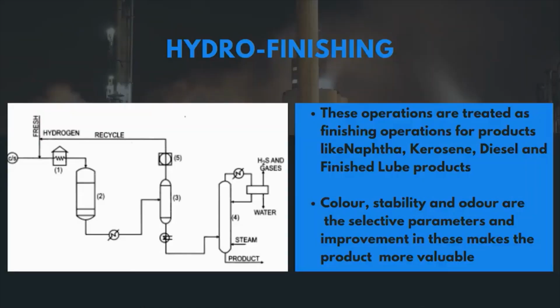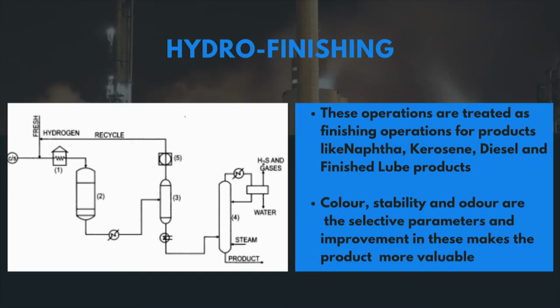Then yet another set of units in a refinery are the hydro finishing units. These operations are treated as finishing operations for products like naphtha, kerosene, diesel and finished lube products. Not only the removal of sulfur; in this unit other parameters like color, stability and odor are selected parameters, and improvements in these make the products more valuable. For example, it is just not enough to reduce the sulfur content in the finished lube oil.